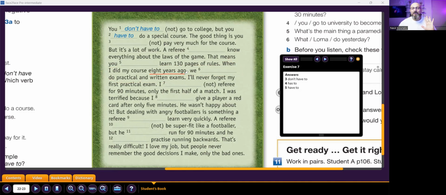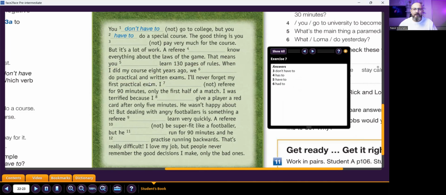Aha. So what do I use in the past? Had to. Positive or negative? Here positive, because we don't have not. So we had to. The answer here. Okay, we had to. I'll never forget my first practical exam.